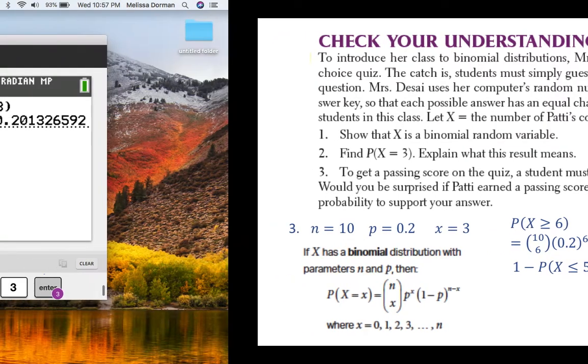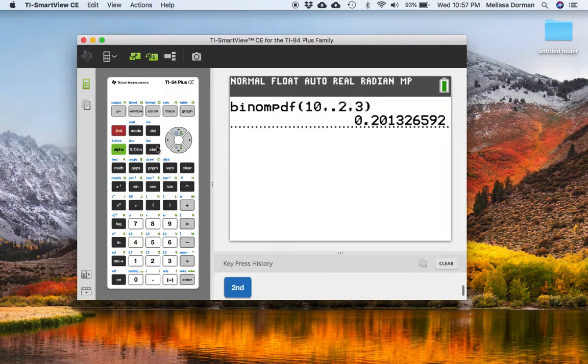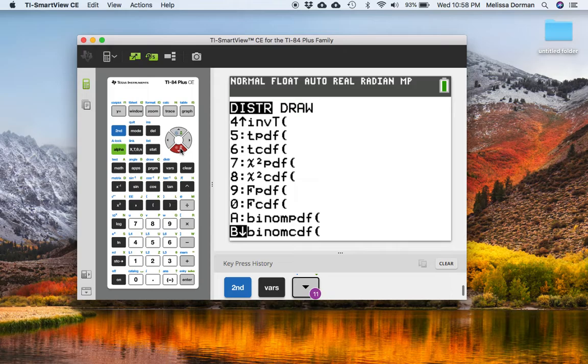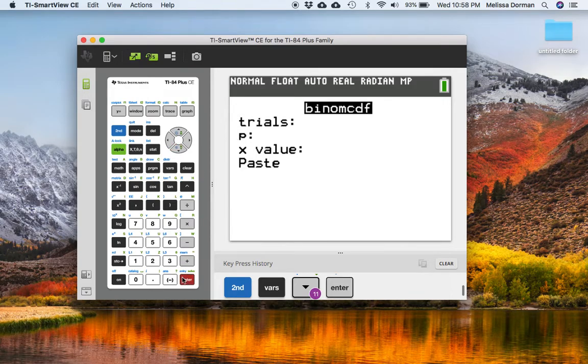So what we can do is go to second distribution and go to binom CDF. Again, 10 questions, and 0.2 is the probability of getting a question correct. And we're going to put 5 because we want to do the complement. So this will give us either 0 or 1 or 2 or 3 or 4 or 5 questions correct.